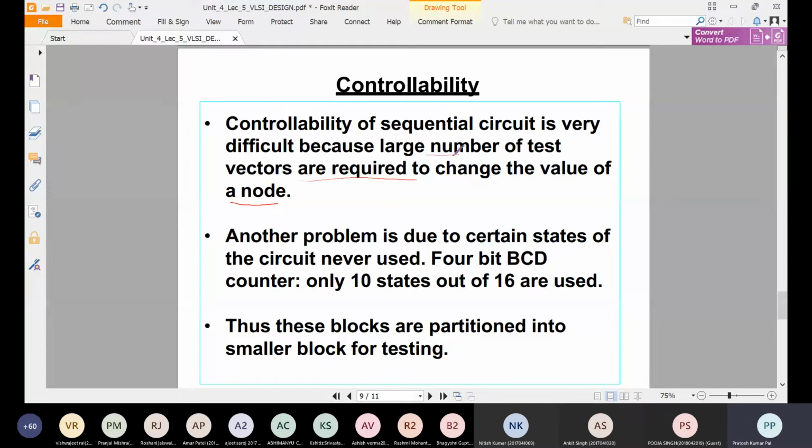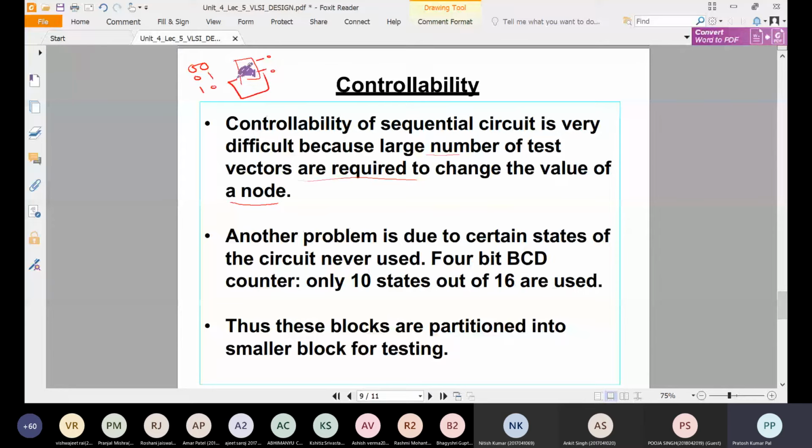Suppose it is a counter. To have the output at different nodes, we should be changing the input pattern, so that with respect to that the output will be changing. And also this output will be having a feedback.